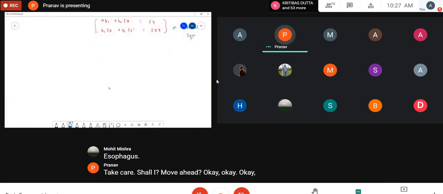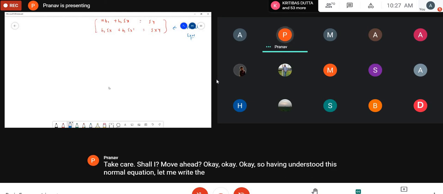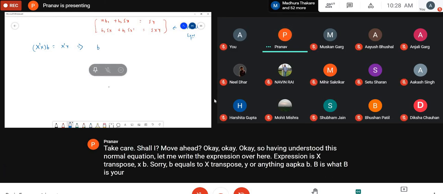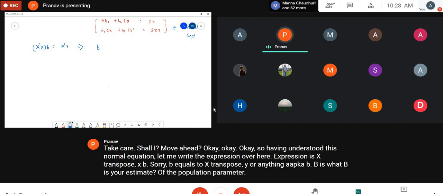Okay. So, having understood this normal equation, let me write the expression over here. The expression is X transpose X b equals X transpose y. And from here, b is what? b is your estimate of the population parameter. Ultimately we are interested in finding this b only.